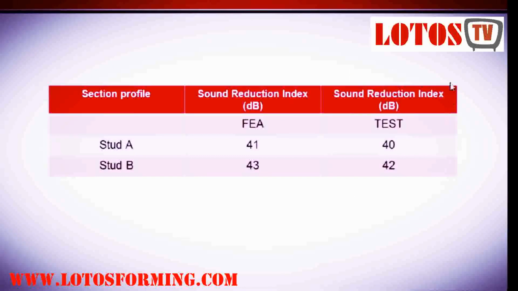As you can see here, for the test data we obtain for stud A is 40, and for stud B is 42 decibel. If we look at the simulation result in the middle column here, you can see stud A we have 41 and stud B 43, which again correlates very well to the test data.